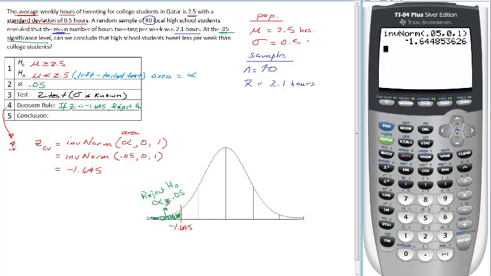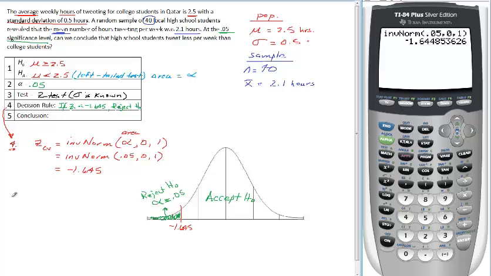Anything below this area, we are going to reject. Anything above that, we say do not reject. Now lots of people use the word accept, so I'll do that as well. But technically we're supposed to say do not reject H0, because there could be errors as well, right? So that's our critical value.